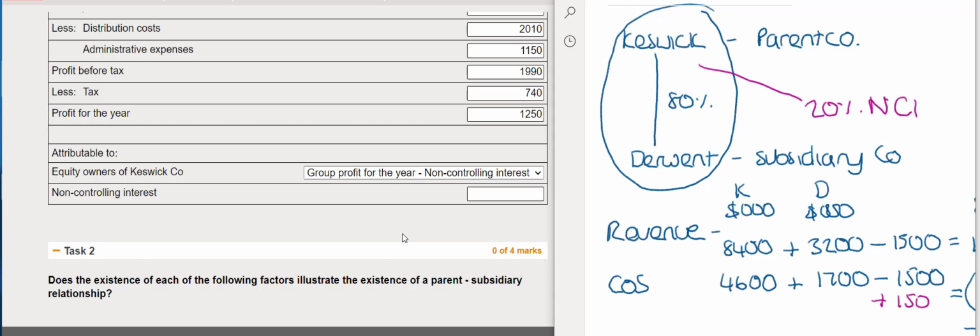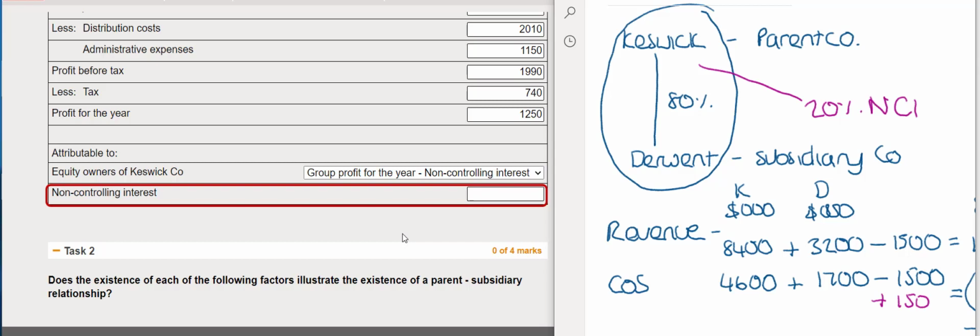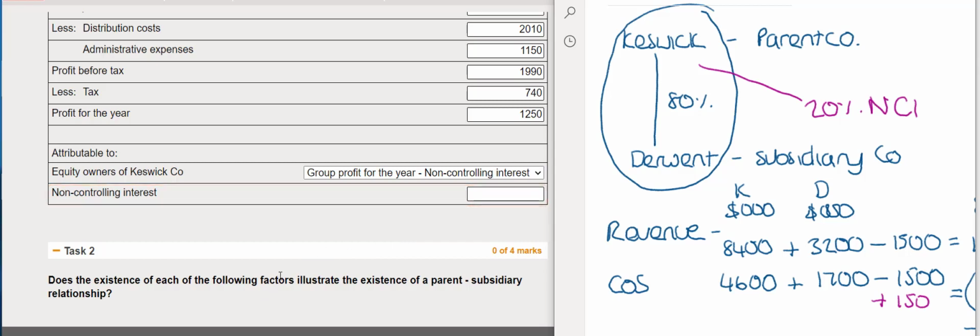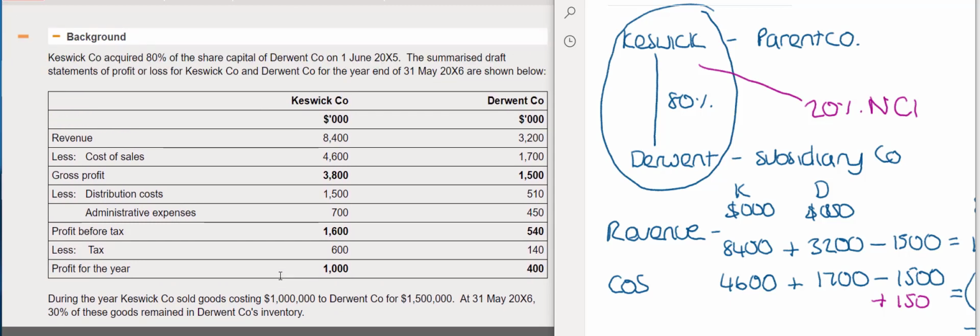The final box to complete for task 1 is to actually calculate the non-controlling interest. In order to do this, we need to look at the information relating to Derwent. Derwent's profit for the year is 400,000. Remember that only 80% of the shares are owned by Keswick, and so therefore not all of that profit belongs to the group.